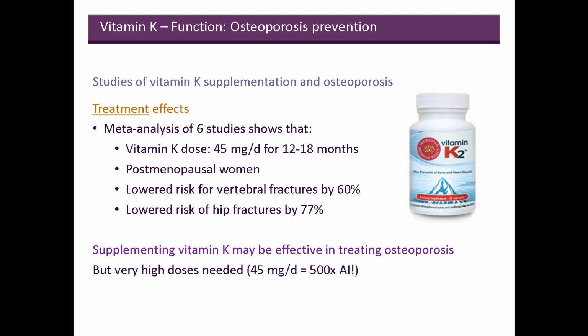The population for this study was postmenopausal women, and what happened was vitamin K at this dose lowered the risk of vertebral fractures by 60% and lowered the risk of hip fractures by 77%. Thus, vitamin K may be an effective treatment for osteoporosis.